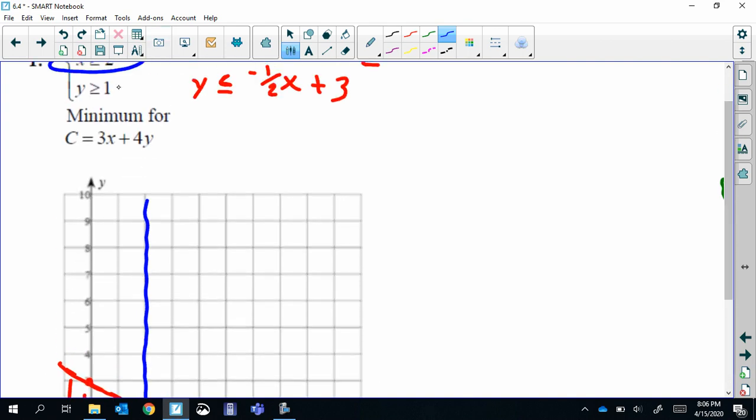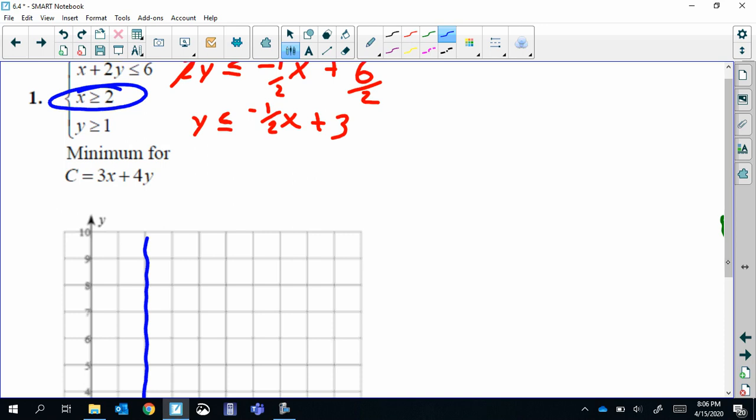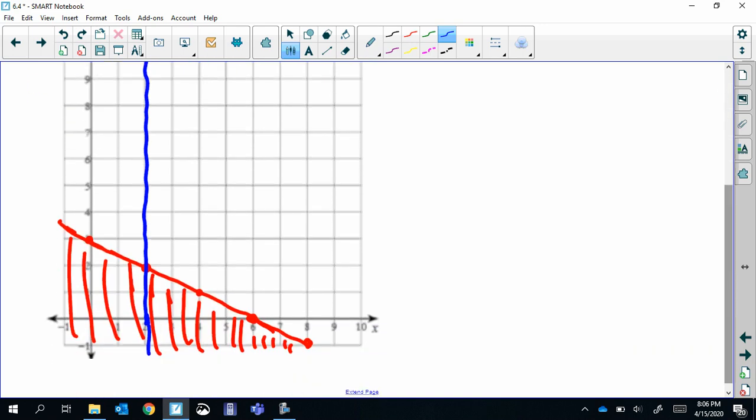And it says greater than 2, so when you're talking x is greater than 2, it would be to the right of this. So you've got some options then. You can erase anything on the left, or you can just start shading. This would be to the right.